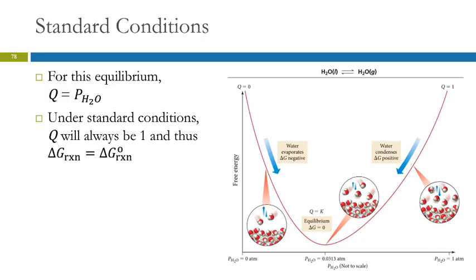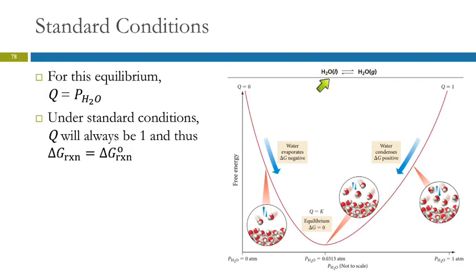So let's look at the reaction between, well, it's not really a reaction, the equilibrium transition between liquid and gaseous water. In this equilibrium, the reaction quotient is going to equal the pressure of water, right? Because here's our chemical reaction.